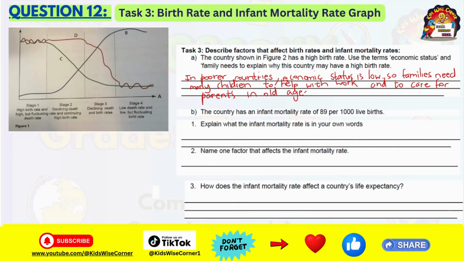So, infant mortality rate is the number of babies who die before their first birthday out of 1,000 births.